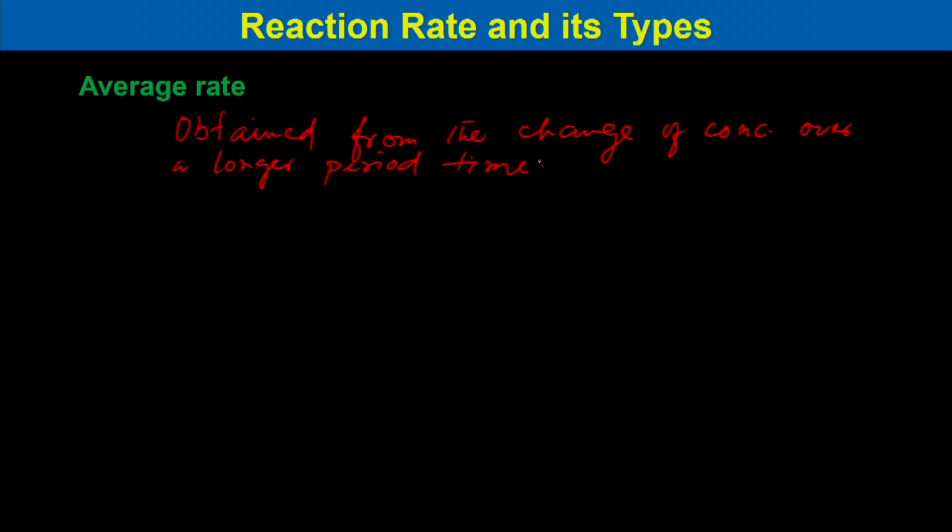Now, let us consider an example. Suppose the reaction of nitrogen dioxide, that is 2 NO2 forms 2 NO plus oxygen, and the change of concentration was observed in the first 100 seconds.